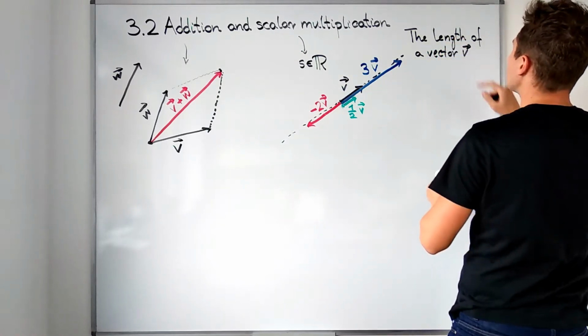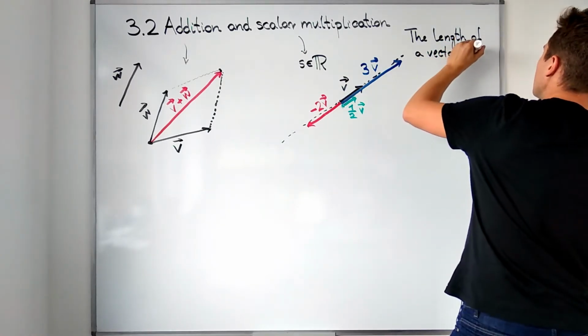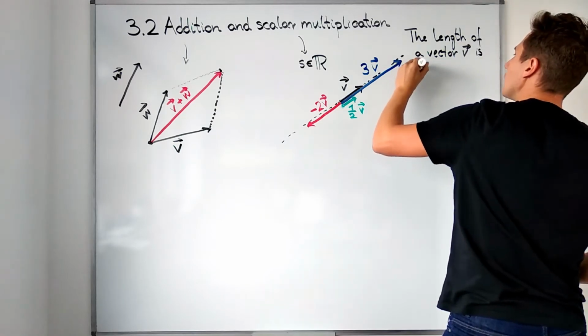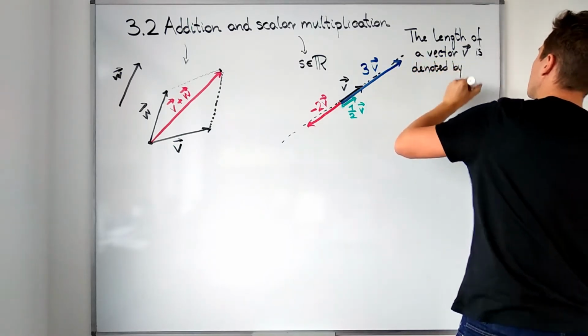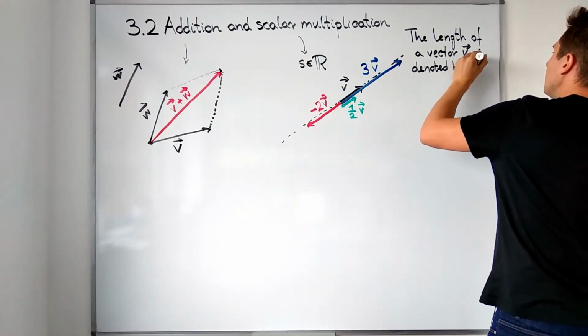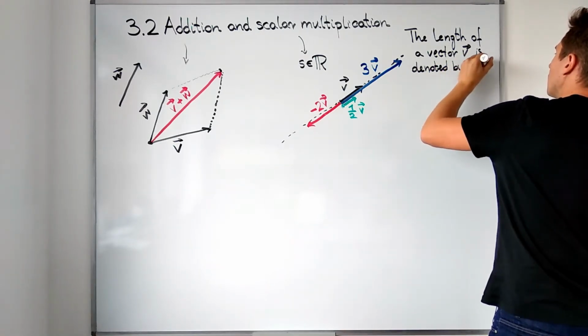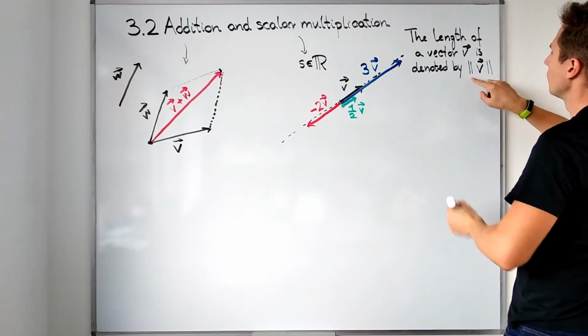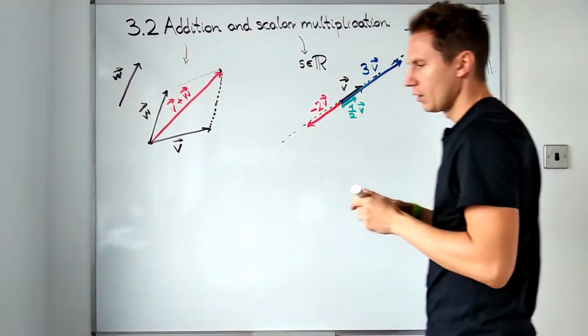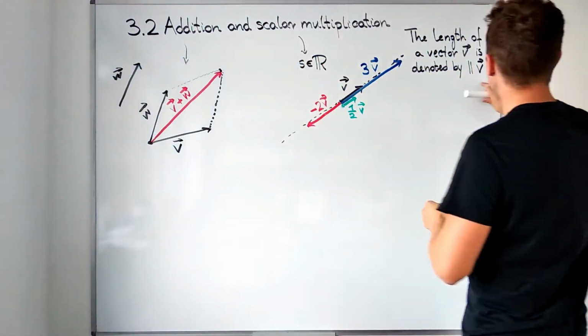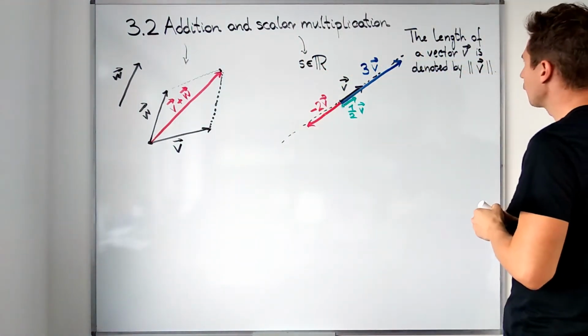The length of a vector v is denoted by taking v and putting it in between double absolute value bars. This is the symbol used to denote the length of a vector.